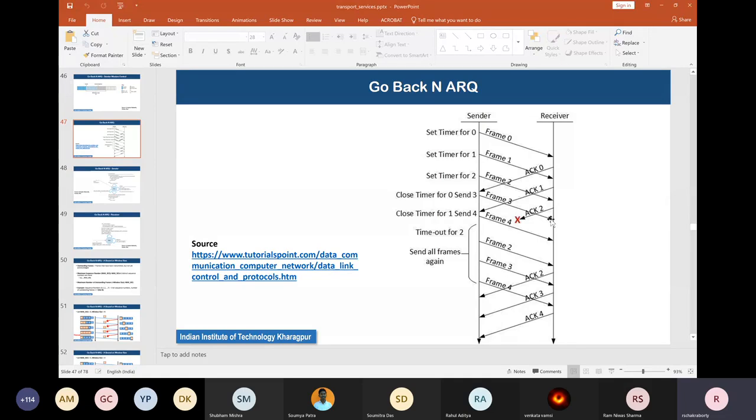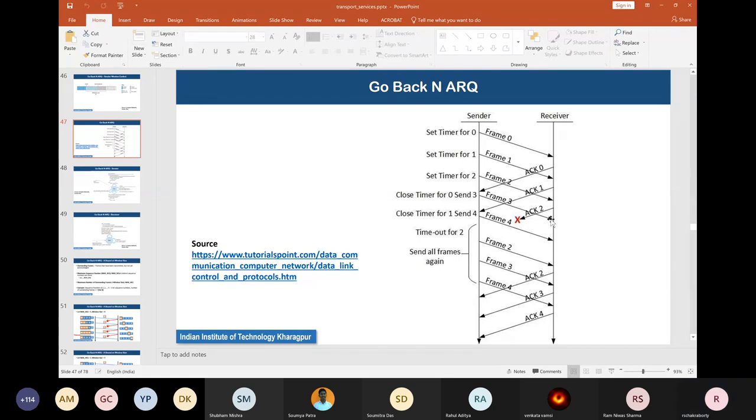It does not have the ability to receive acknowledgements out of order. It does not have the ability to send frames out of order. Everything is strictly in order, which keeps life simple to implement because it is simpler to implement, but it can be inefficient.